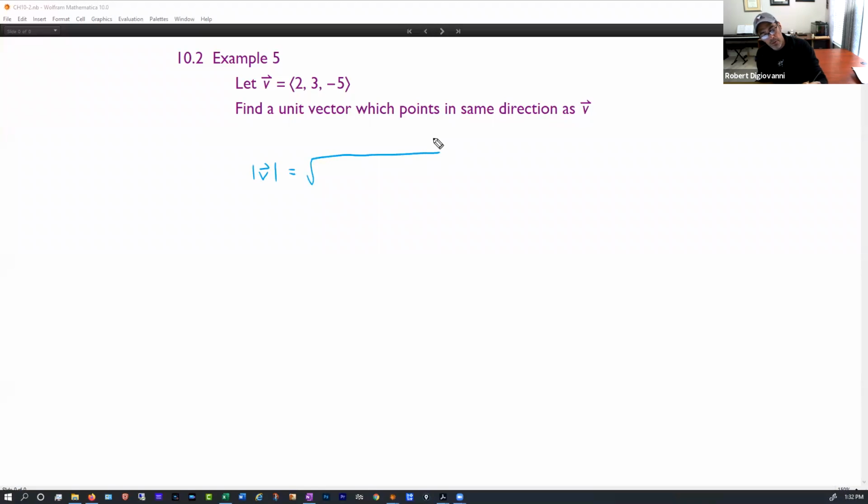Well, it's just the square root of the sum of the squares of all of its components. So just using the formula I gave you a second ago. So this is 4 plus 9 plus 25. What do we have here? Is that 38? Yeah, 38. Square root of 38.